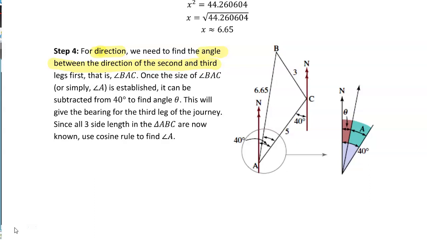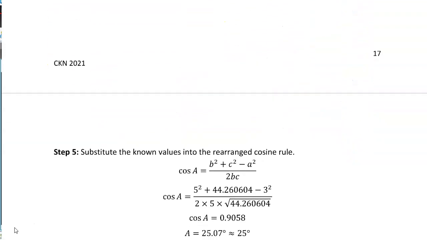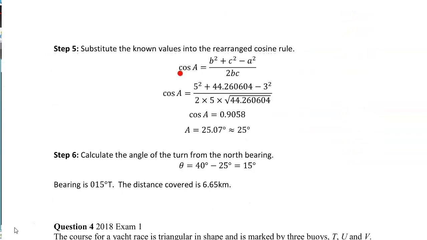So we know all three side lengths now. So we can use cosine rule if we like to figure out this angle, that angle A, because we know the other two sides, and we want to figure out that angle. So I've substituted it in here. So there's my rule, cos A, and we're going to find that angle.